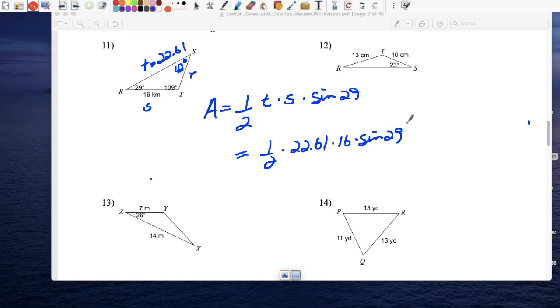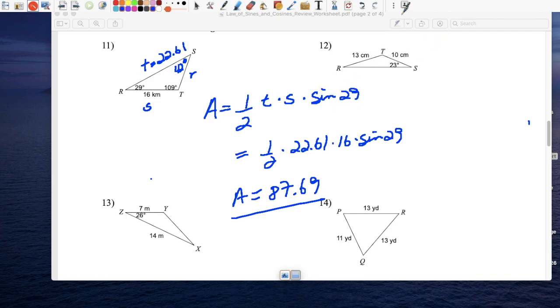So 0.5 times 22.61 times 16 times sine of 29, enter, and we get 87.69. Area equals 87.69, and that's how you do it.